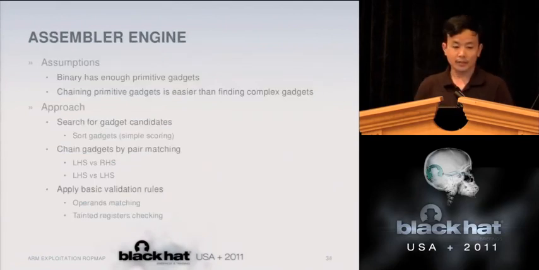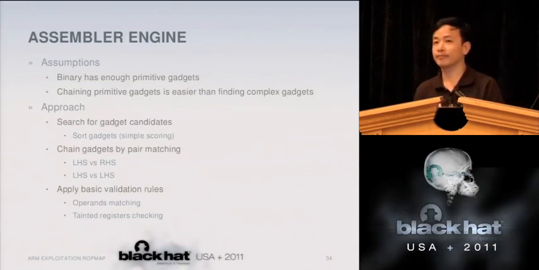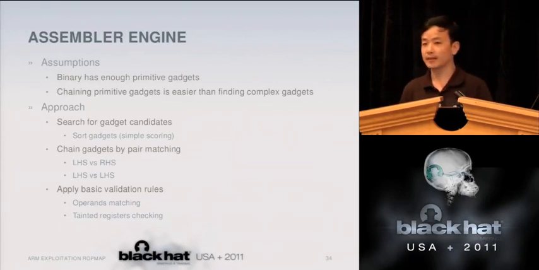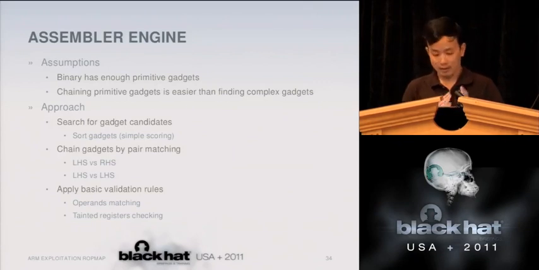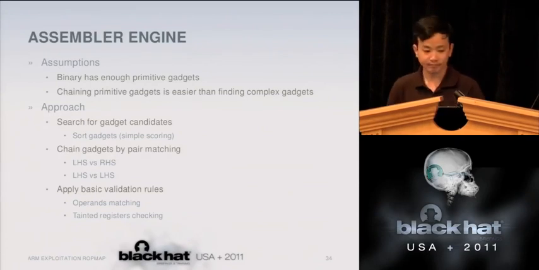So in order to convert from ROP shellcode or ROP instructions to a chain of gadgets, we build an engine called the assembler engine to automatically search for the gadgets and chain them together.